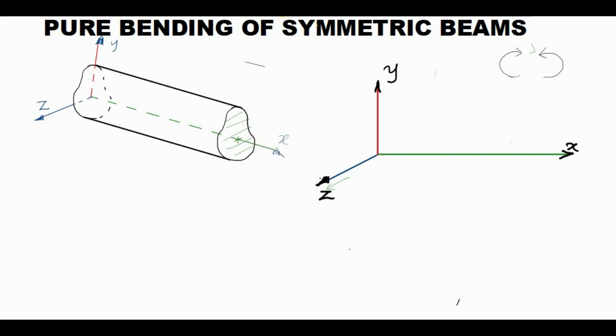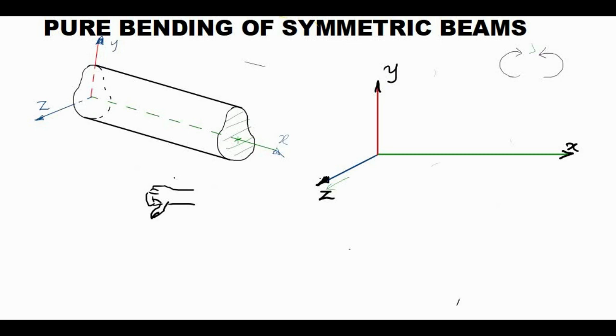So the applied bending moment should be in the positive direction. So we have a moment in the xy plane in the positive direction. To find the positive z direction for a positive moment, we can use the right hand thumb rule.